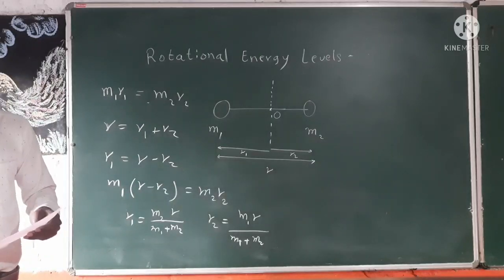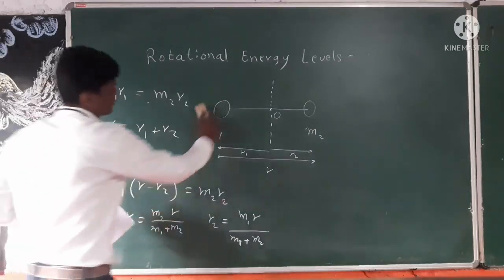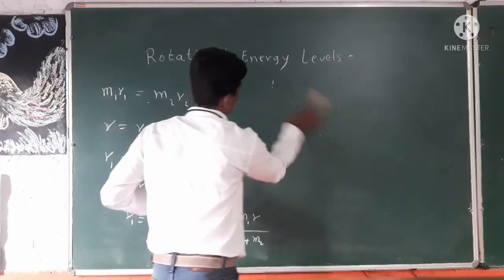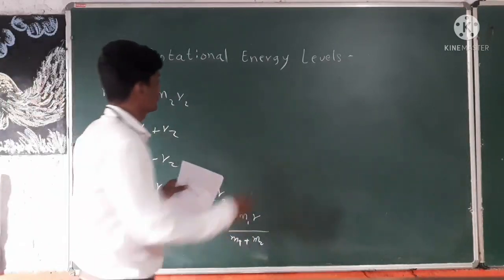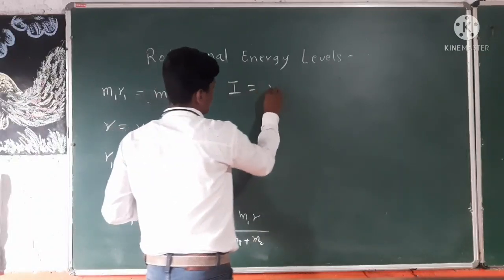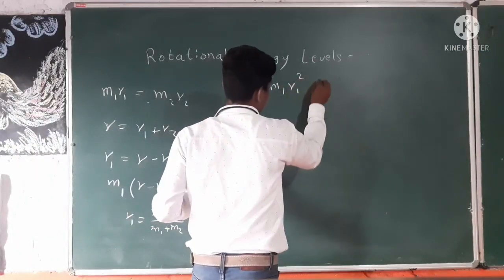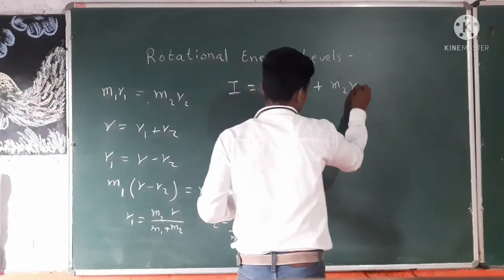Now we know the moment of inertia I is m1 R1 square plus m2 R2 square.